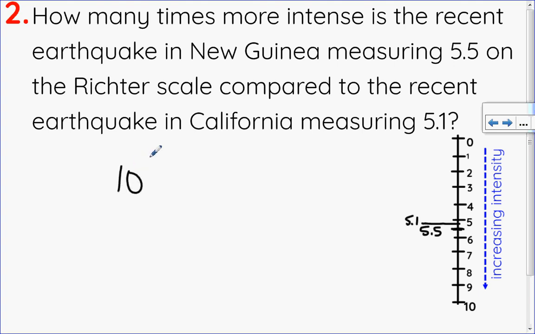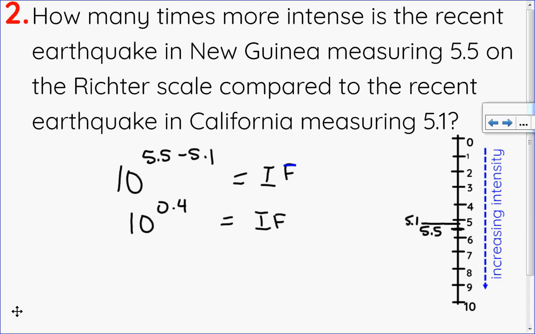So I'm going to do 10 to the 5.5, take away 5.1. That will give me my intensity factor. How many more times intense? Now, I know from here to here, it's not even a full unit. So it's going to be less than 10 to a power of 1. So 10 to the 5.5, take away 5.1, that's 0.4, is equal to my intensity factor.